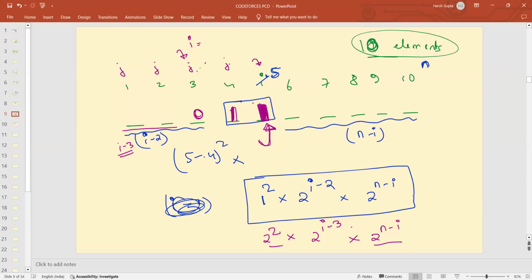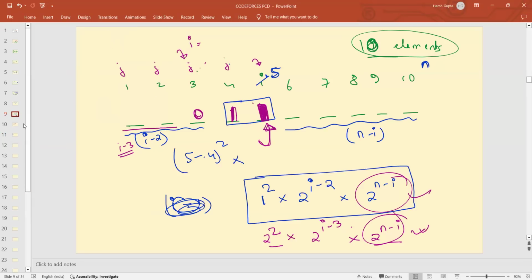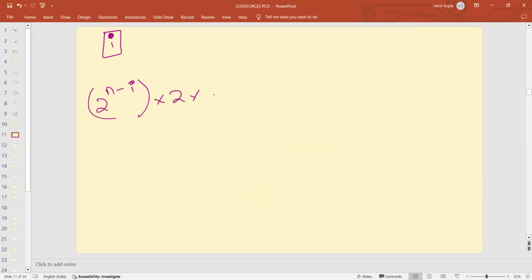So if you observe, if you add all these values, the 2 power n minus I term is common. If you simply take the 2 power n minus I term as common, and you know that whatever value you got for 1, the same value you will get for 0 as well, so simply multiply by 2 for that. And once you take 2 power n minus I common, what value will you get?